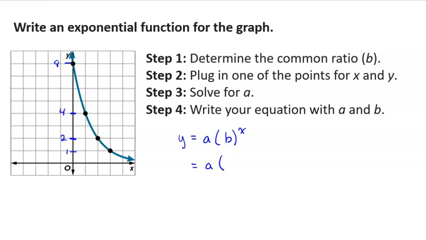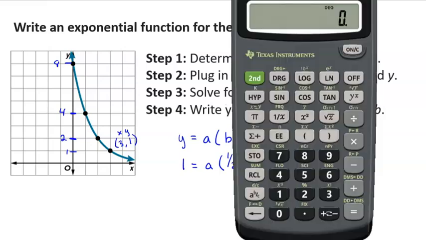So I have a times 1/2, and then I can choose one of these points to be my x and y. I can use 3, 1 as my x and y values. So y is now going to be 1, and my x value is going to be 3. Then I can plug that into my calculator. I have parentheses, 1 divided by 2, close parentheses, y to the x, and then 3, equals.